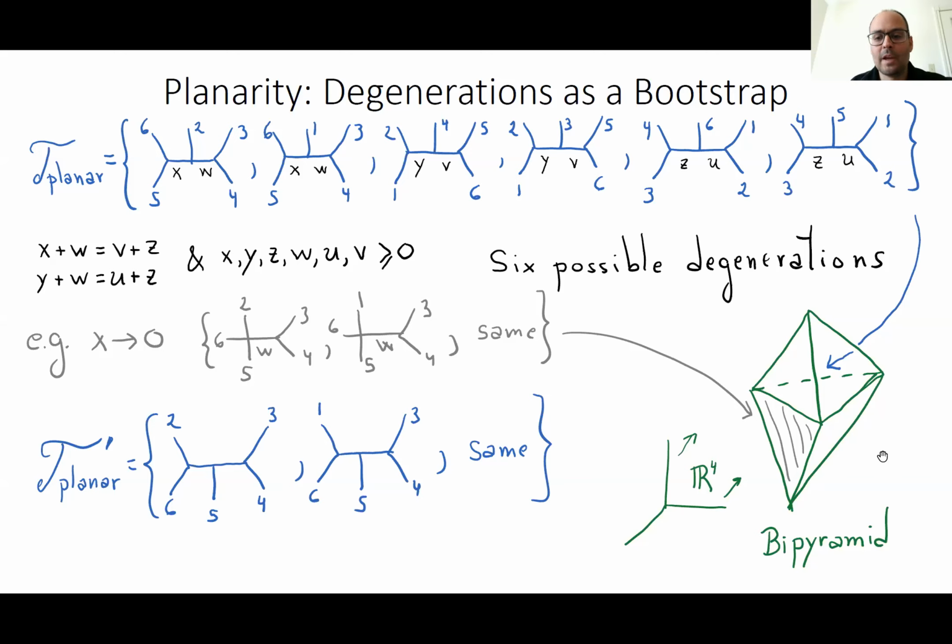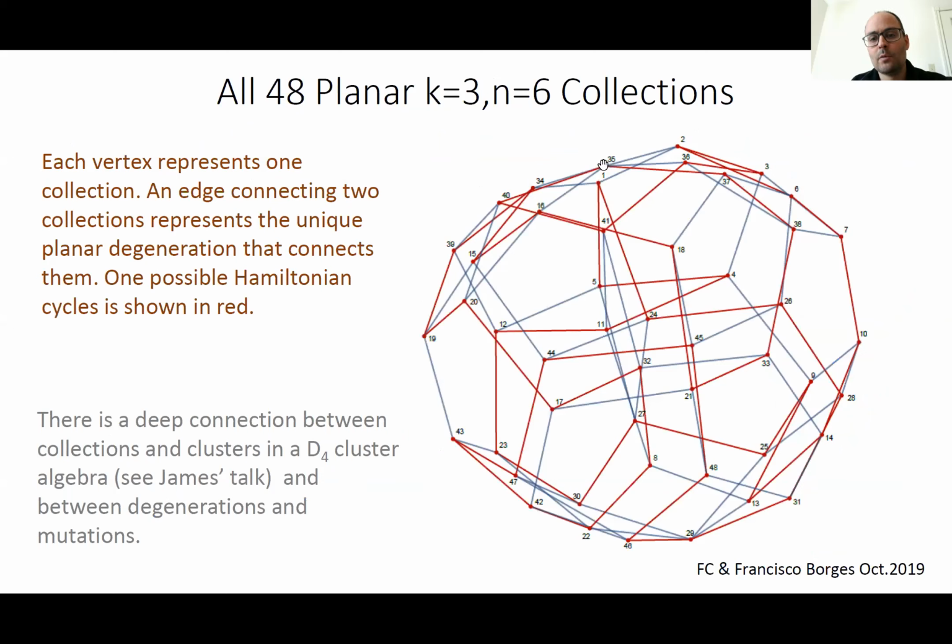Now we can play this game many, many times. Start, say, with a bipyramid here and draw an edge every time we have a degeneration. So this guy has 6 edges connected to it, corresponding to degenerations, and we can keep going and going until we cannot produce anything else.